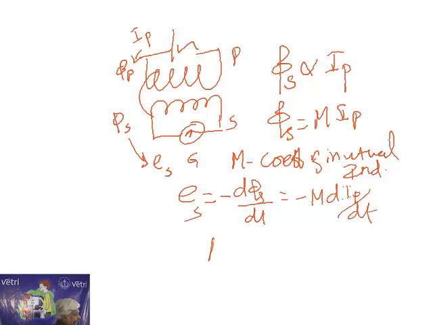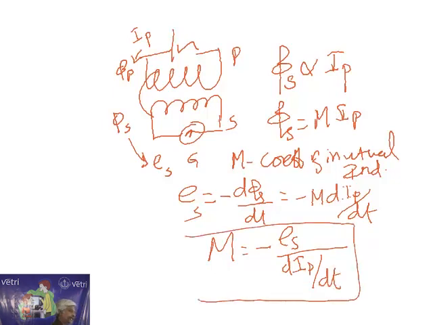From this, M can be calculated as minus ES divided by dIP by dt. This is called the coefficient of mutual inductance. Just like self-inductance, we can calculate the coefficient of mutual induction. The coefficient of mutual induction is also equal to the opposing EMF of the secondary when the rate of change of primary current is unity. That is what we have to understand.